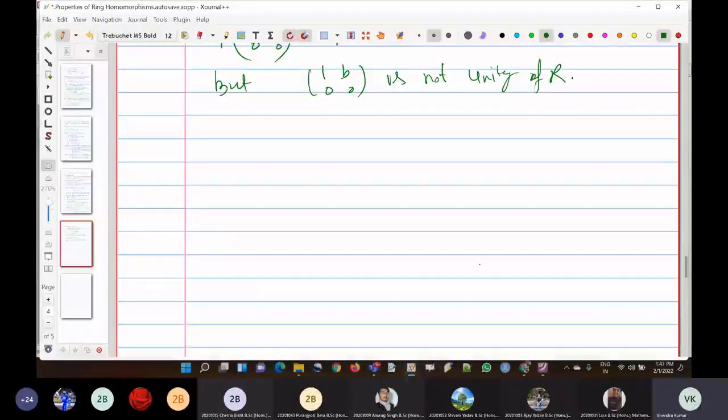Next. Now, once we have the concept of homomorphism, it is natural to talk about the kernel, as we have done in the case of groups.